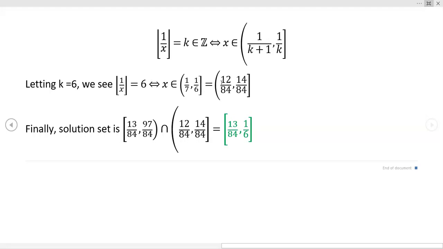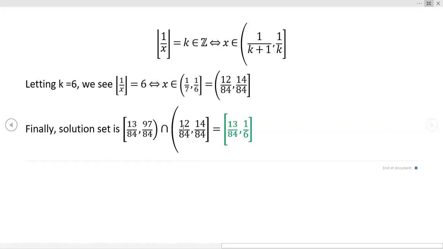Now, notice I did everything in terms of 84s here. It's more convenient just to check when these sets actually overlap. This is the result that we got on the previous step for the square root piece. So we got this for the second piece, but notice how you can see the intersection of these two solutions much easier if you leave the fractions unreduced.